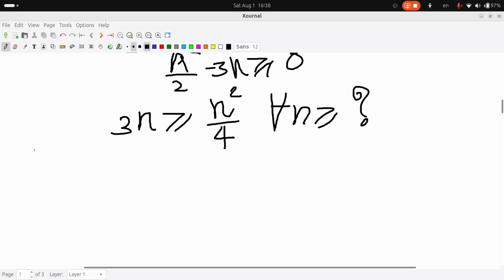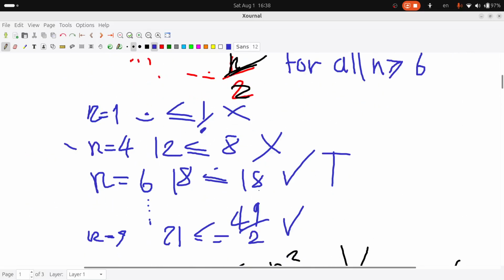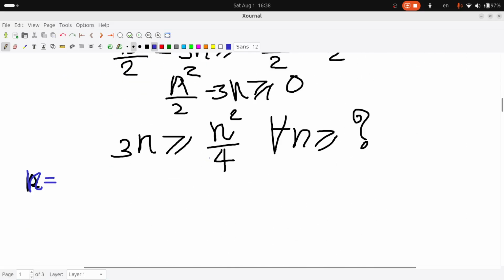So let me write it. What about n? We know that 6 works for divided by 2, but it is divided by 4 now, so it will be smaller. We can try a larger n if you want. So 3 multiplied by 12 is 36.